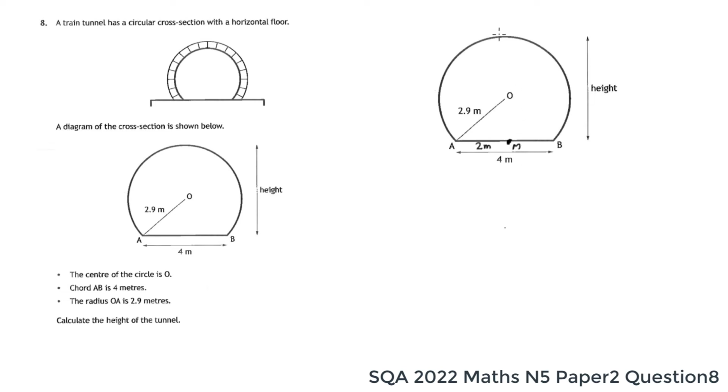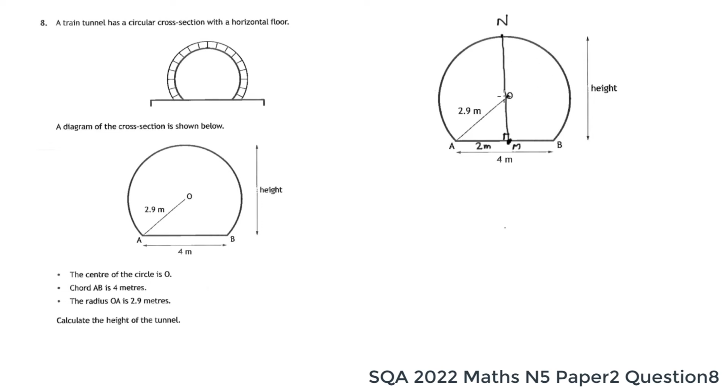That midpoint M, if we drew a line perpendicular up to the top of the tunnel, let's call that N, at right angles, then it will pass through the centre of that circle, and we'll get the height that we're required being the length of this line MN.